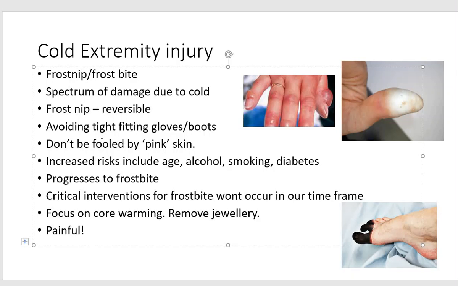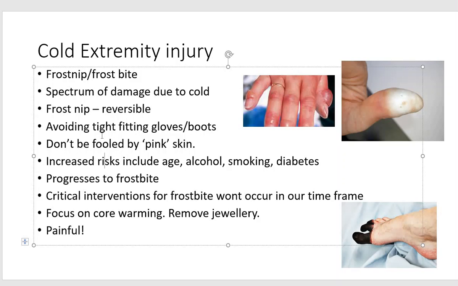So hypothermia is where the whole body gets cooled and chilled down, and as a result causes significant harm to the body. If the core temperature remains okay, but your peripheries have become more exposed, then you get cold extremity injury.